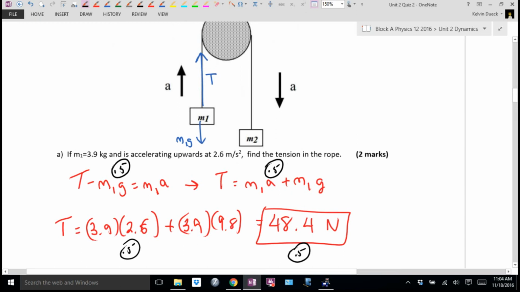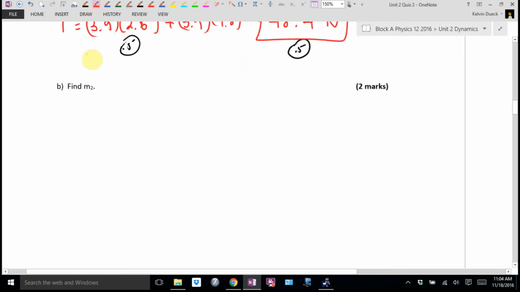Find M2. Okay. For M2, I have M2G and tension. The equation for mass 2 is gravity is winning, tension is losing, and that equals M2A. How many M2s do I have? 2. How many would I prefer? 1. Why don't I get them to the same side? I'll plus the tension there. I'll minus the M2A there.